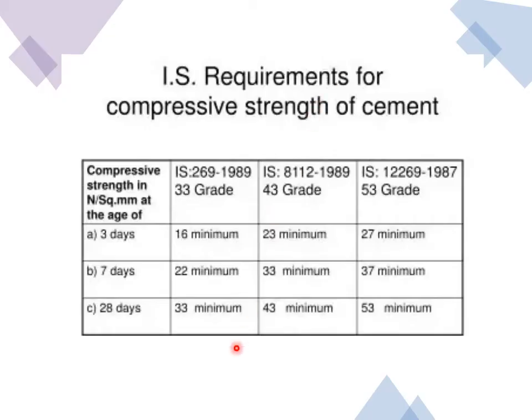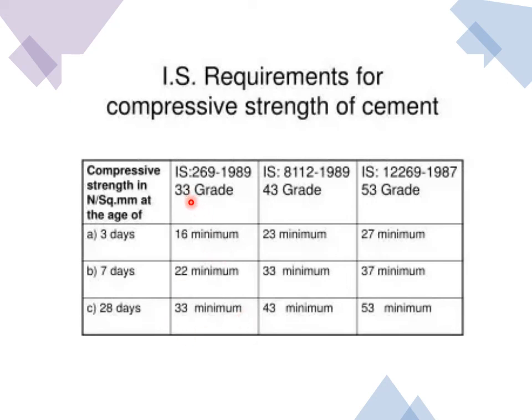So this is the IS requirement for the compressive strength for different grades of cement. As I said, in the market you'll get 33 grade cement, 43 grade cement, and 53 grade cement. This is a table from the IS code showing the requirement for 3 days, 7 days, and 28 days curing, in Newton per mm square or megapascal.